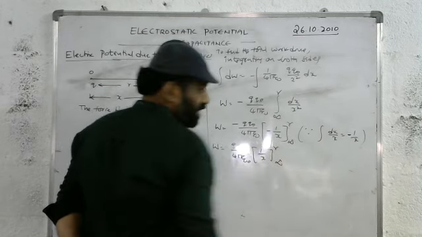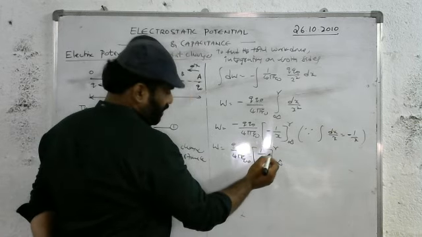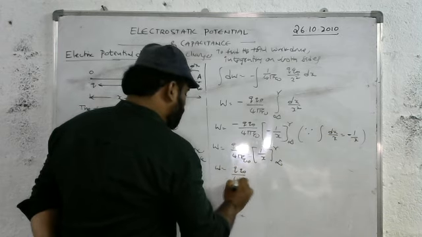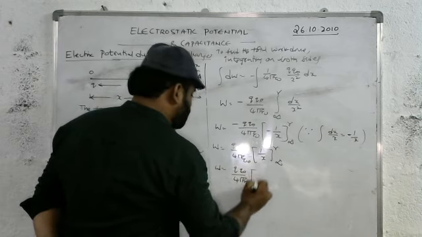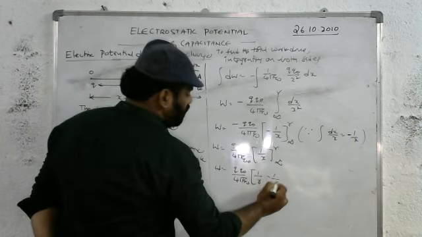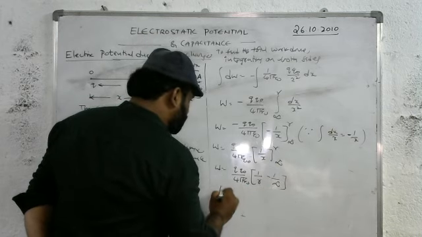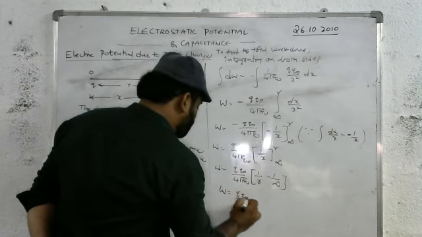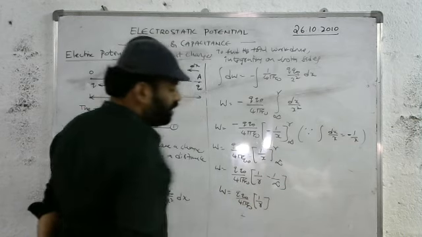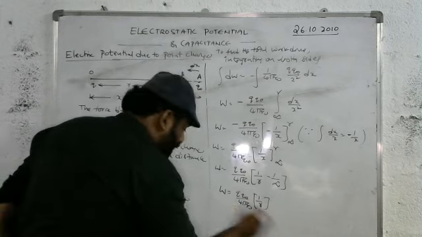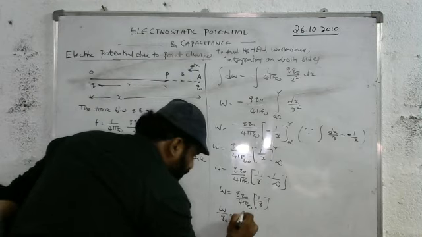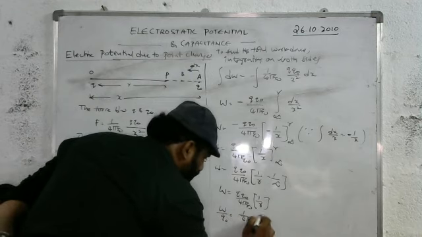Keeping the upper limit in the x place: 1 by infinity minus 1 by R. 1 by infinity becomes 0. By rearranging, W by Q naught comes down to 1 by 4 pi epsilon naught into Q by R.